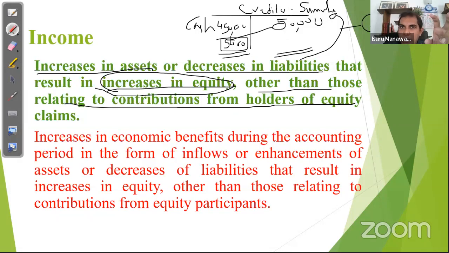Did the liability increase or decrease? The liability decreased by 5,000. So this 5,000 can be identified as an income.